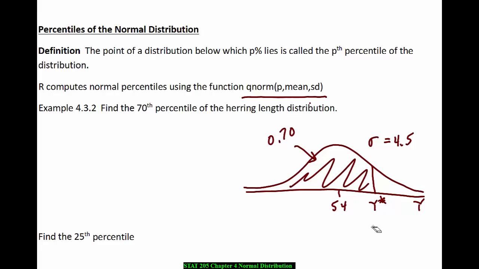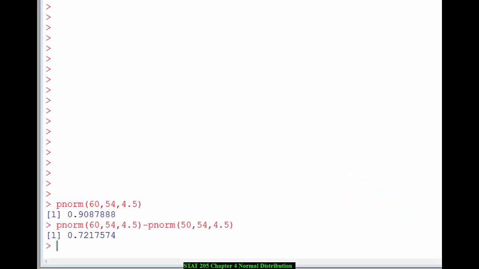So how do we find a percentile? Well, we use our qnorm function. So we're going to use qnorm with our probability first, and make sure you put that in as a number between 0 and 1. So we'll use 0.7 for the 70th percentile. Then the mean of the normal distribution that you're trying to look in, 54 here, and the standard deviation, which is 4.5.